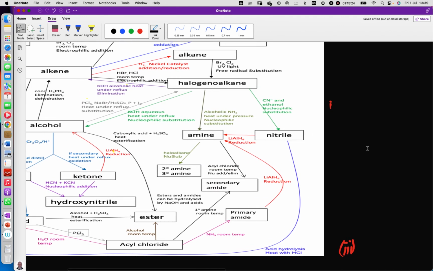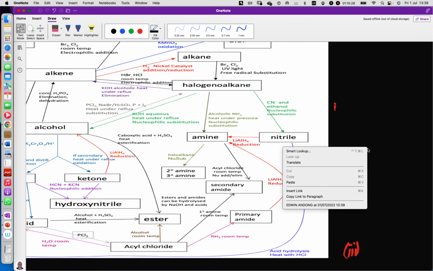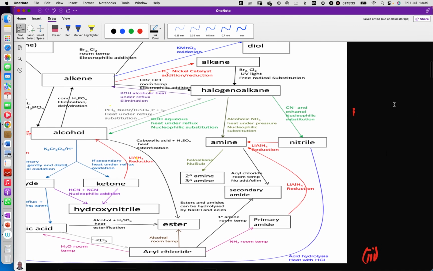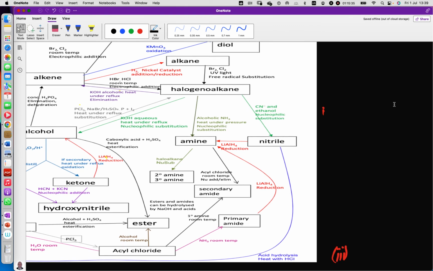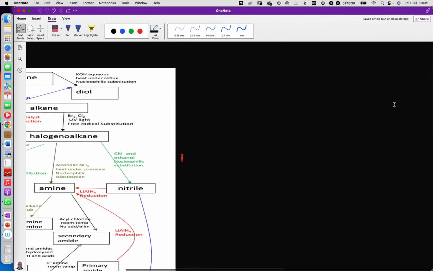Okay, aldehyde reacting with potassium cyanide, in this case, hydrogen cyanide. Now, this is the reaction with aldehyde.